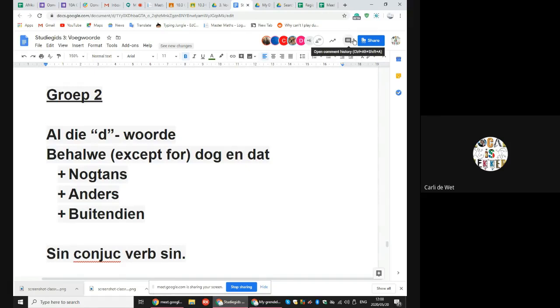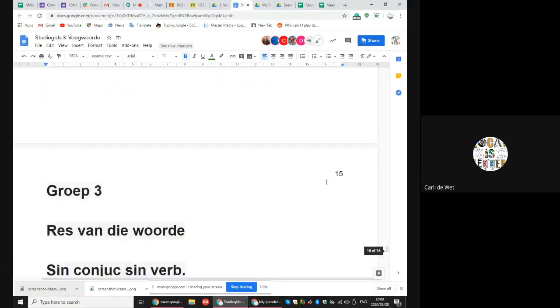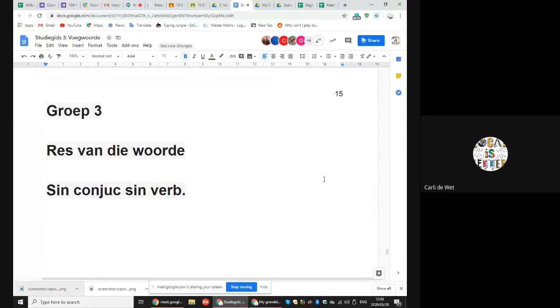Okay, so now we get to group 3. So group 3, the way I do it, that's easy to remember, is if you learned group 1 words and you've learned group 2 words, then you don't have to learn group 3 words because group 3 words will be the rest of the words.